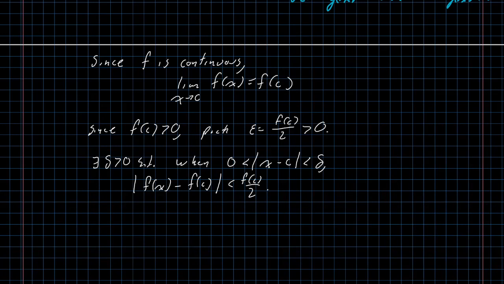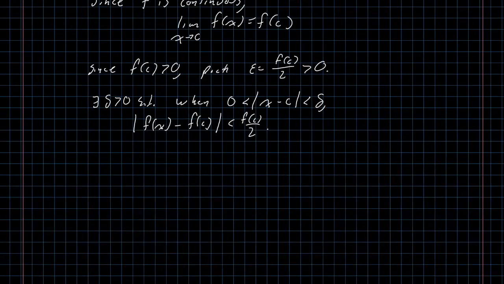Right? We've got some absolute value inequalities going on here. And whenever we have absolute value inequalities going on, one of the things we can do is expand them out. So we have absolute value of x minus c is less than delta, which means that the opposite of delta is less than x minus c is less than delta itself. So c minus delta is less than x is less than c plus delta. Same thing with the other absolute value inequality.